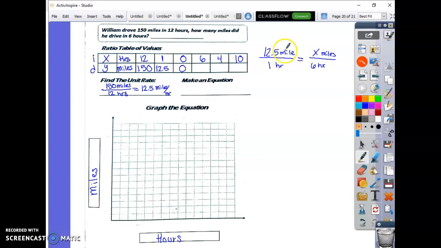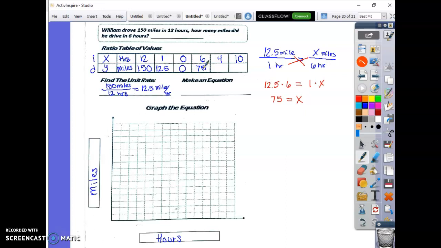Right? Because remember, we have to match our units. Then all you have to do is cross multiply. So 12.5 times 6 is equal to 1 times x. 12.5 times 6 gives you 75 is equal to x. So for 6, it's 75 miles.